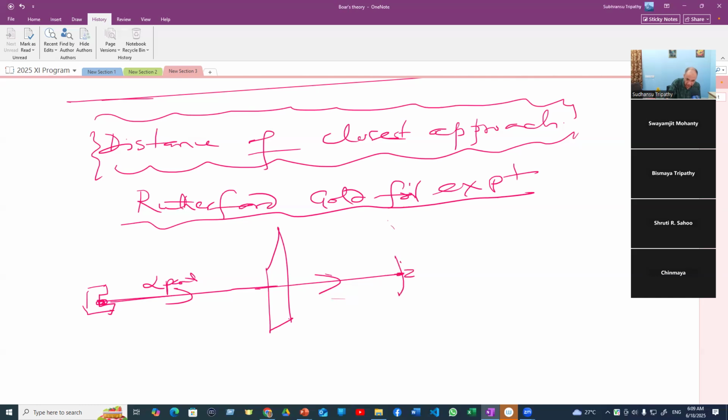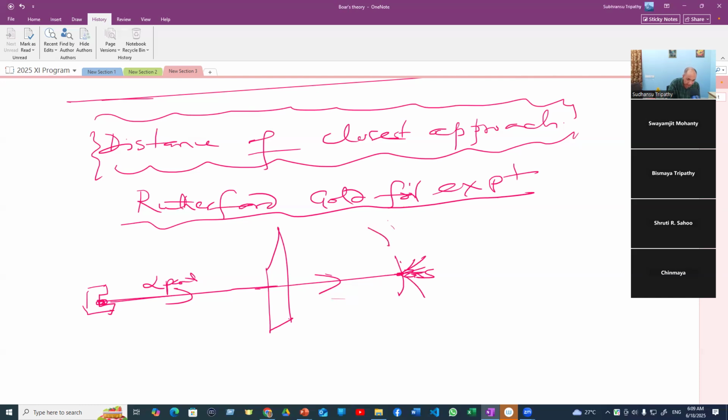You know, this is a zinc sulfide screen. When alpha particles or any charged particles fall on that zinc sulfide coating screen, it produces radiations. The brightest spot of radiation was in the straight linear direction.